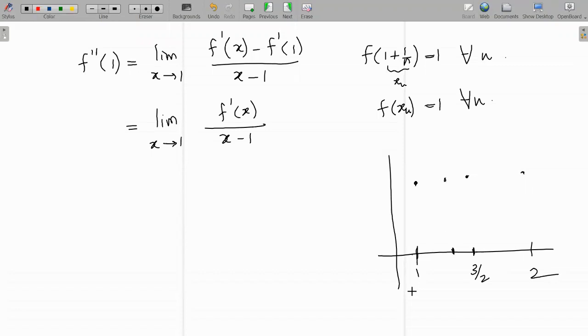And so on. Now what can you say about the derivative then? Like between these two points, what can you say about the derivative?